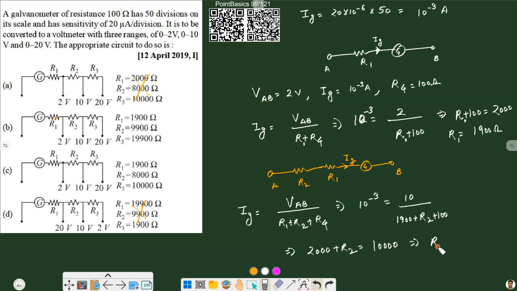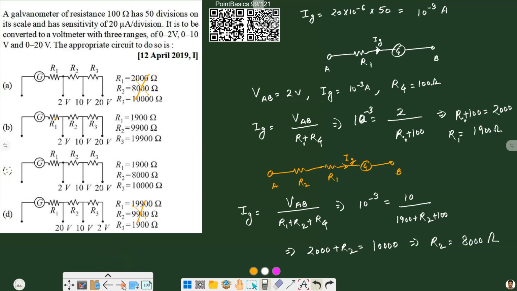So from this R2 comes out to be 8000 ohm. In option C we have R2 as 8000 ohm, and in B we have R2 as 19900, so that will not be the right answer. So option C is the right answer here.